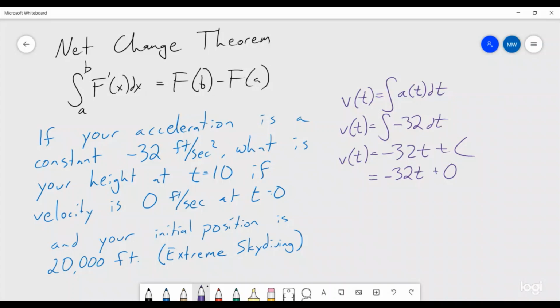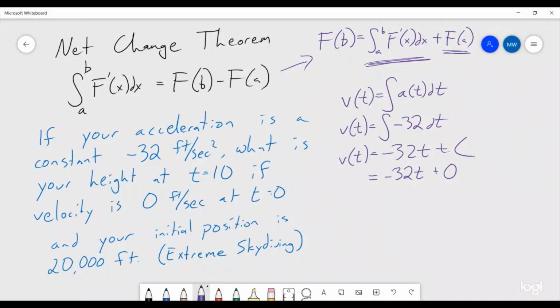Well, if we rearrange the net change theorem just a little bit, we can find that f of b is equal to the integral from a to b of f prime of x dx plus f of a. So what we're really doing is trying to figure out how much did our position change, plus how much position we already started with.